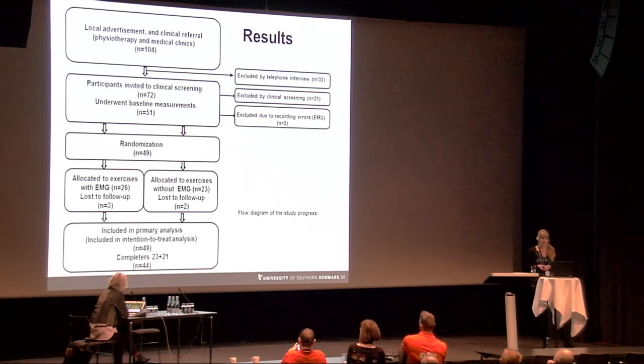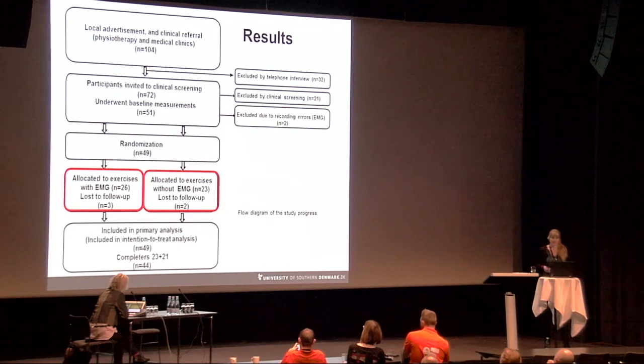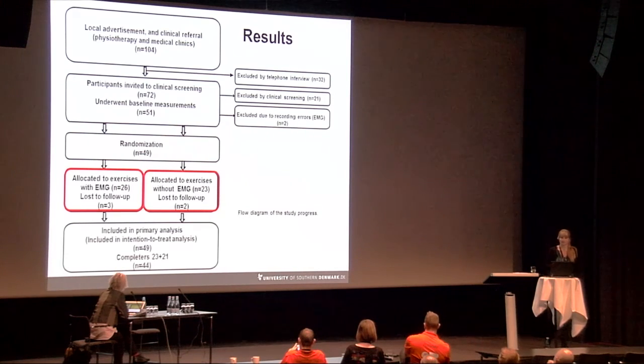So out of 104 participants who volunteered for this study, a convenient sample of 49 patients were randomized to either one of the interventions, and we ended up with 26 patients in the EMG group and 23 patients in the no EMG group. And in total, 5 patients were lost to follow-up, leaving 44 study completers, and the total 49 patients were included in an intention to treat analysis.